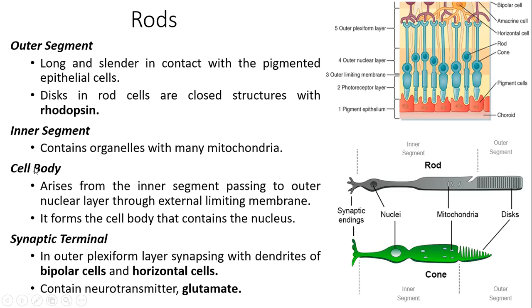Then the inner segment contains organelles with many mitochondria. And you know the reason why we need mitochondria. Mitochondria act as a powerhouse that produces ATP, and ATP is the energy currency in cells.